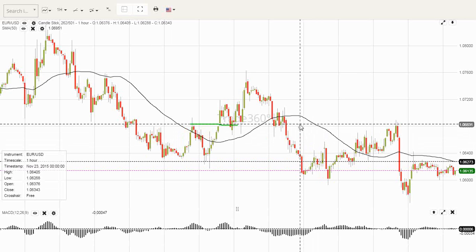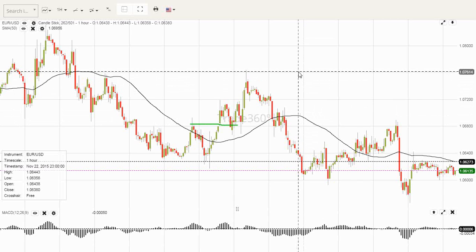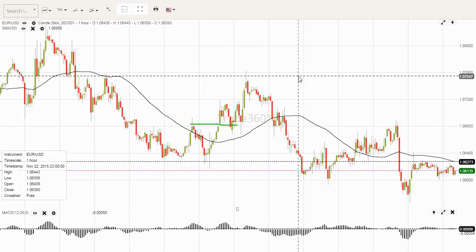Those of you who have been participating in these trainings for long enough know that I'm using a 1 to 1.5 risk reward ratio. From the 1.0680 zone upwards, we are going to be aiming for 75 pips of take profit, which is going to bring us approximately to the 1.0755 level, and you can see that it is just to the top of it.